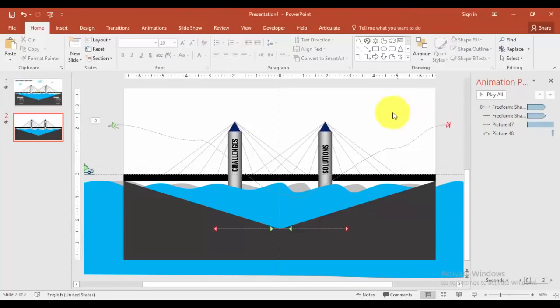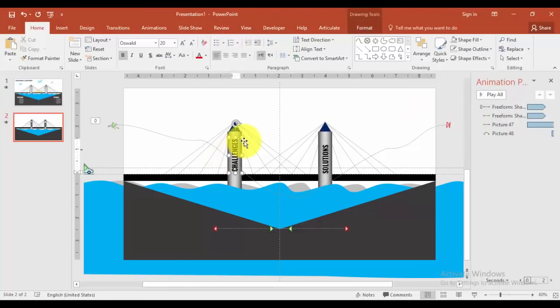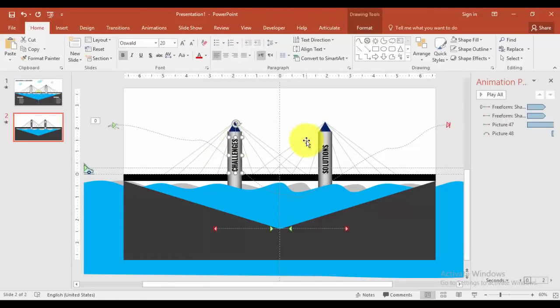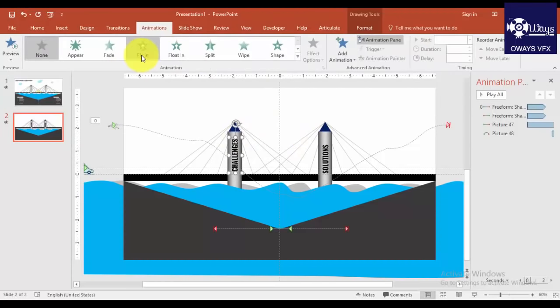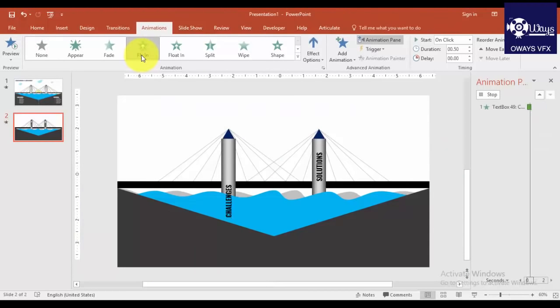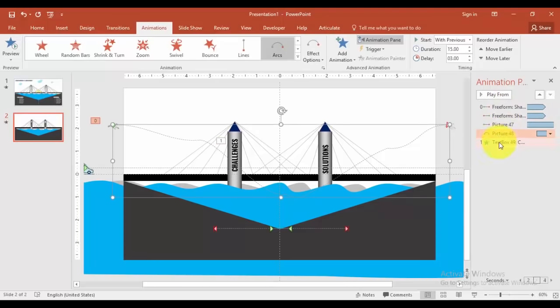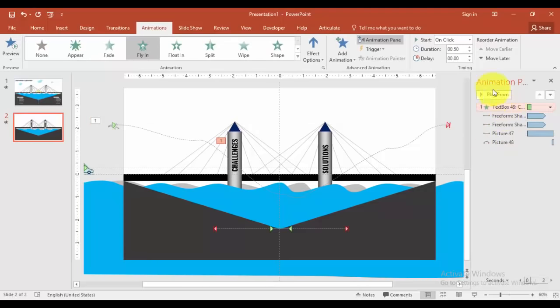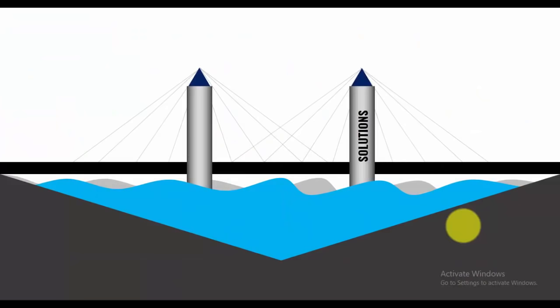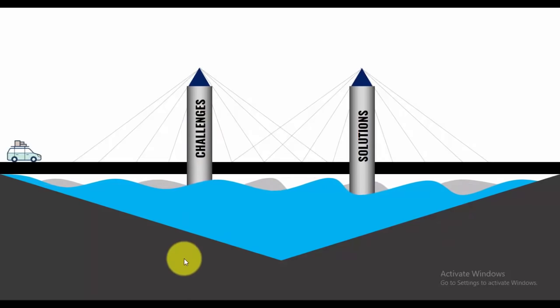All right, now if you want, you can do the animation. I'll use the Fly In animation here. Just click Fly In. All right, and this should happen first. Just drag and drop this one here, set it on click, and see how it looks. But see, it's coming from the top of the water and from the top of this design.